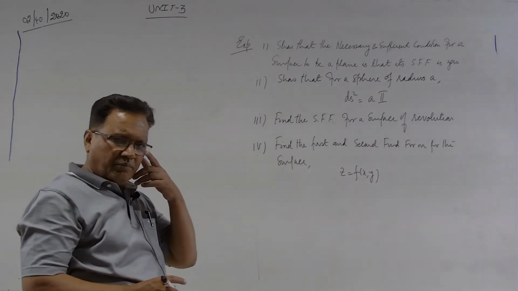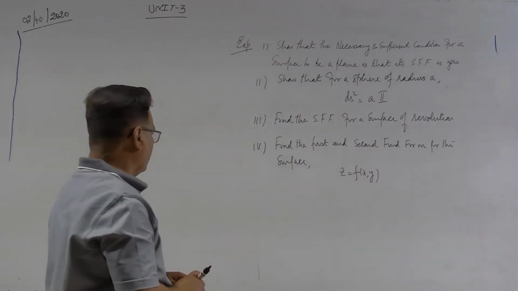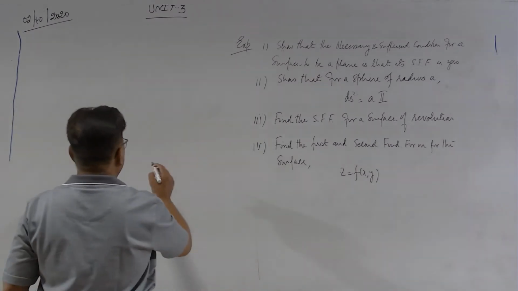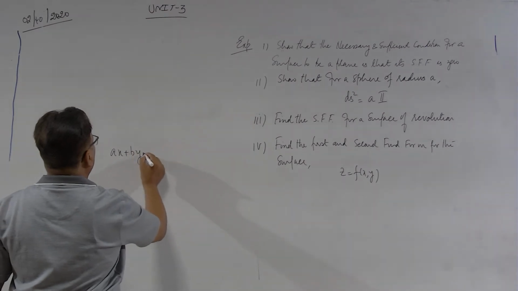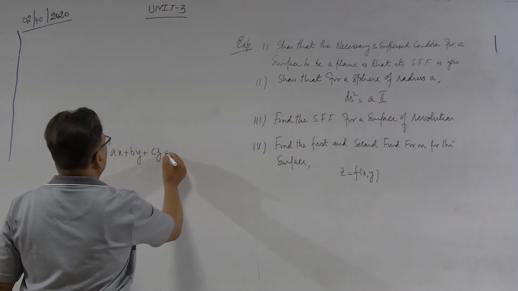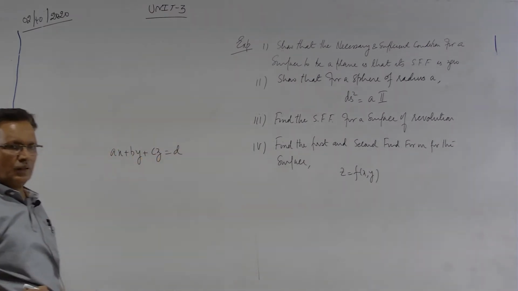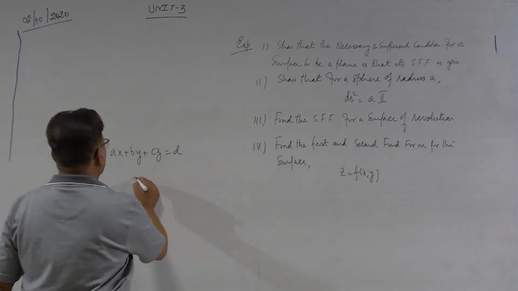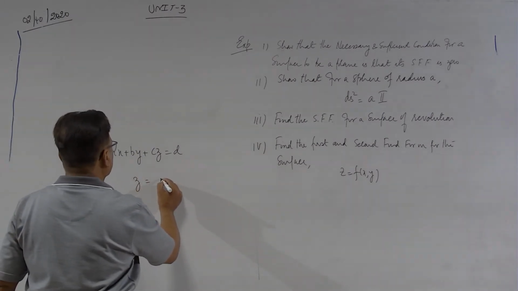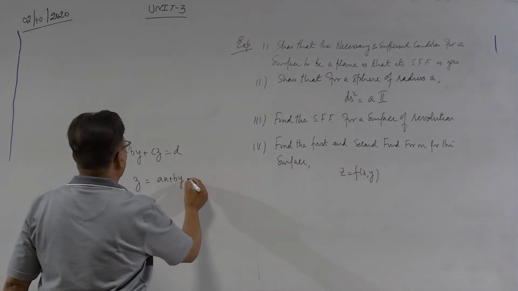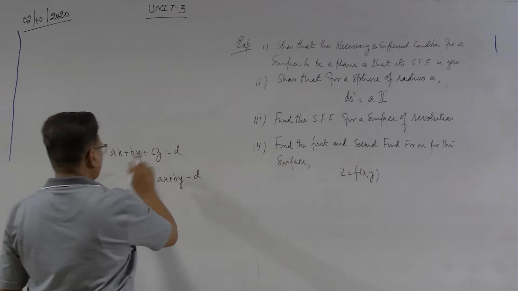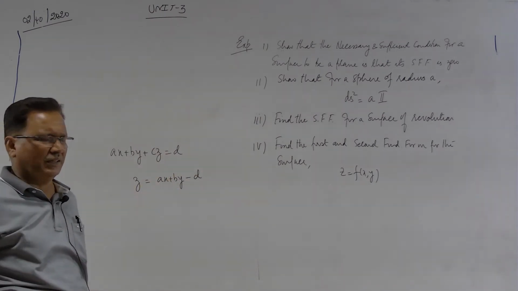If you look at the plane as a surface, then in Cartesian coordinates it is a x plus b y plus c z equal to some constant d. Or you can say z equal to a x plus b y minus some constant d. You can divide by c and things will be like that.